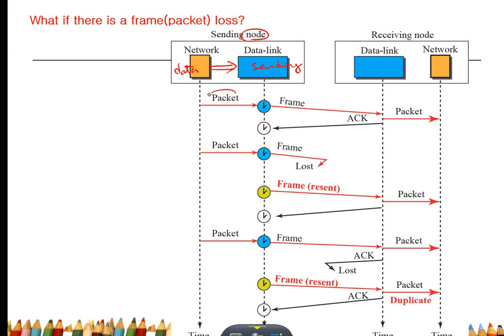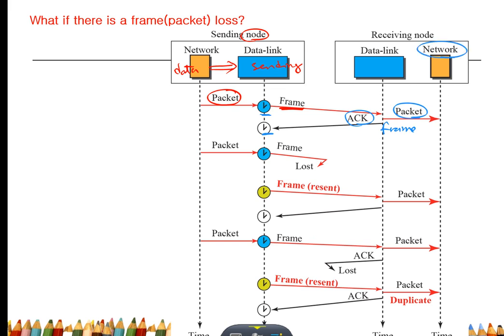The packet from the network layer is converted into a frame, and after the frame is sent out, if the receiving node receives the correct packet, it will give the acknowledgement to the sending node. Then the correct frame is delivered to the upper layer, such as the network layer.